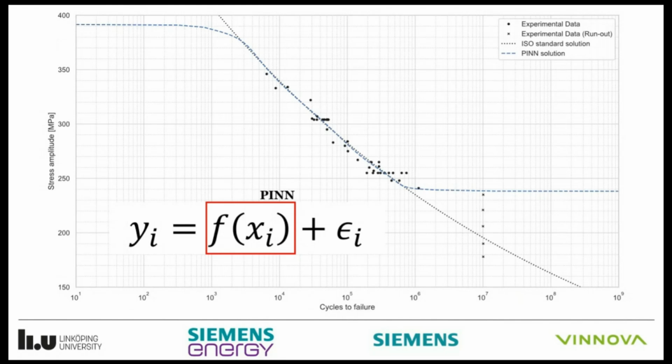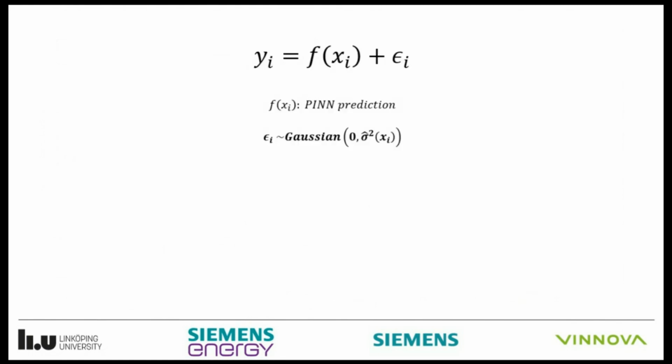So now we are capturing our fatigue model, and we want to look at the error part. For this part, we're turning to statistics. What we do is we assume a Gaussian distribution for this scatter, this deviation for this model.